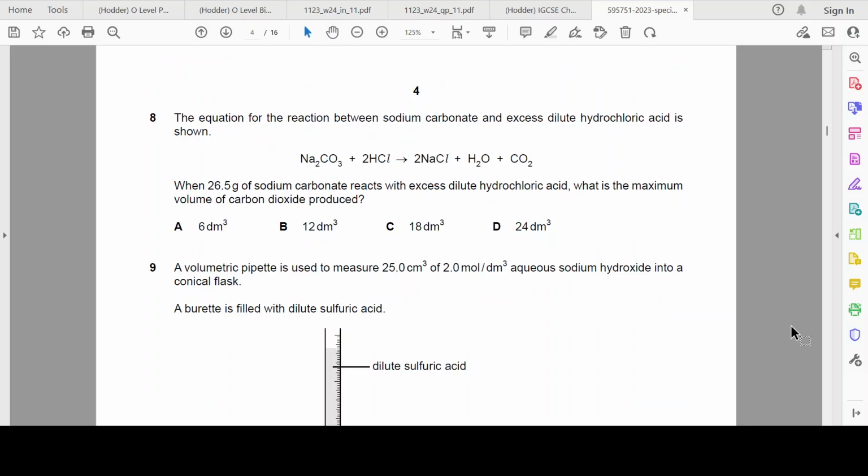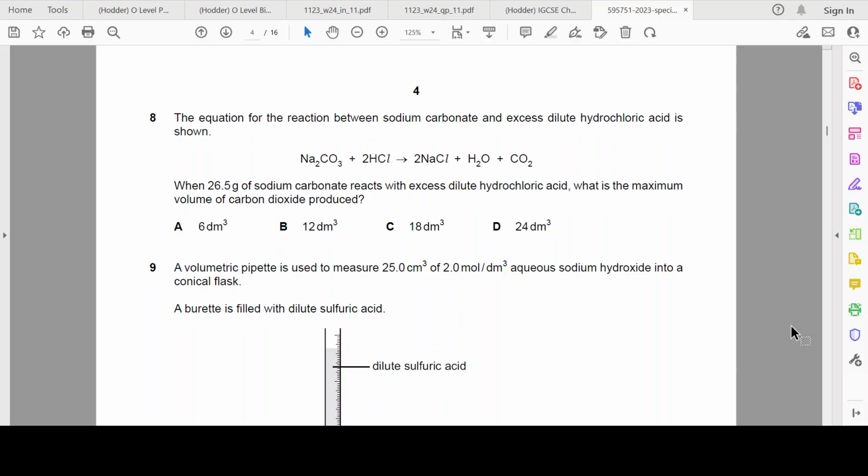Okay, question 8. The equation for the reaction between sodium carbonate and excess dilute hydrochloric acid is shown here. You've got sodium carbonate and hydrochloric acid giving you sodium chloride, water, and carbon dioxide.